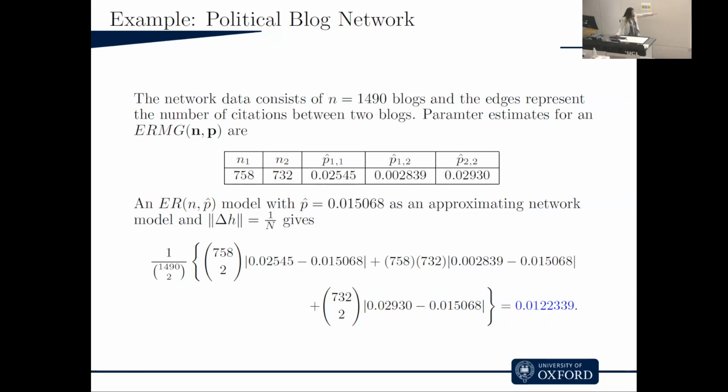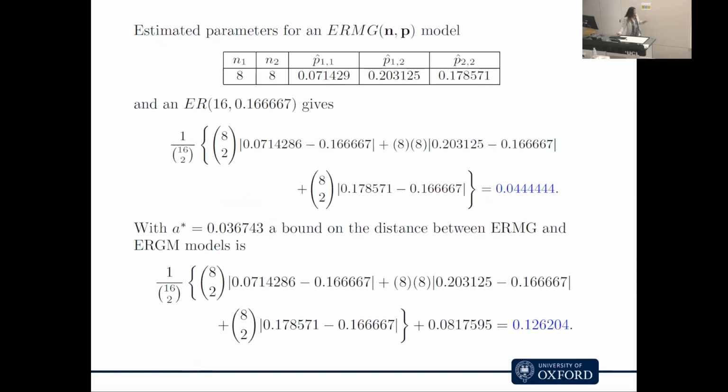Looking at these bounds, we can say that maybe the ER approximation is not very horrible for the ER mixed graph models. Since the bound is not too big, it gives some intuition that we can use the ER model to approximate the ER mixed graph model with the given parameters.